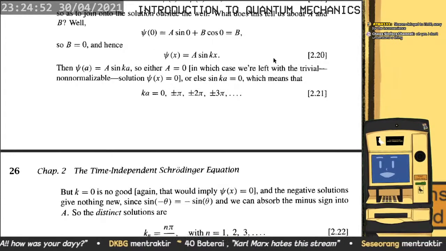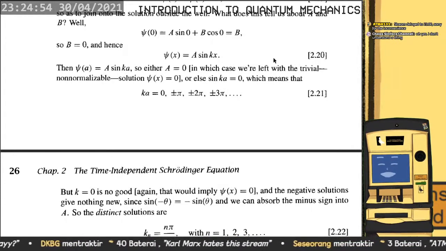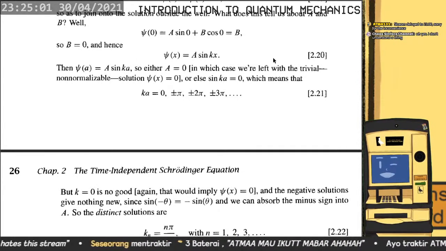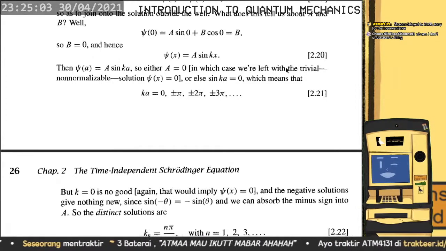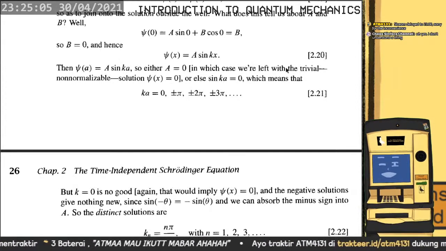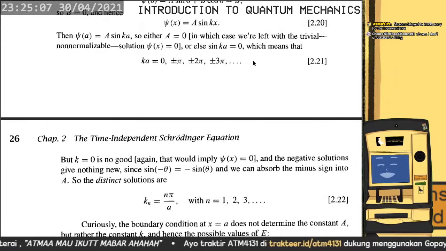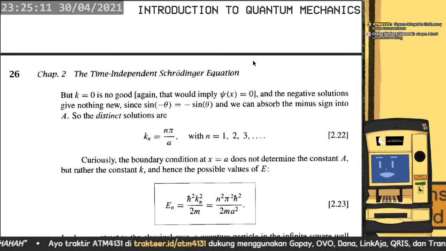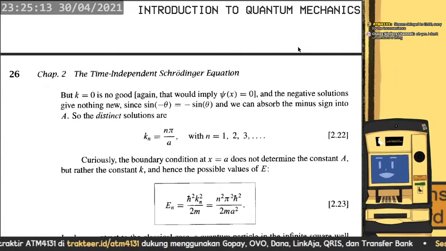Then psi(a) equals A sin ka. So either A equals 0, in which case we are left with the trivial non-normalizable solution psi(x) equals 0, or else sin ka equals 0, which means that ka equals 0, plus or minus pi, plus or minus 2pi, 3pi, and so on. But k equals 0 is no good.